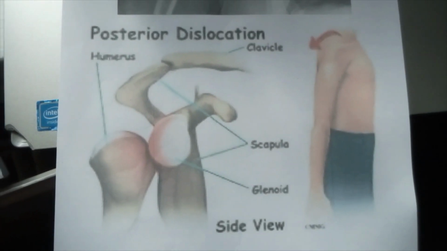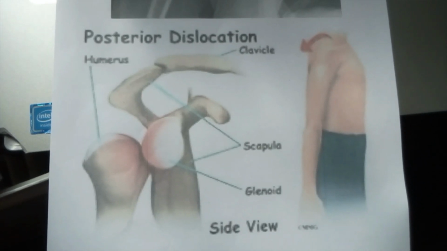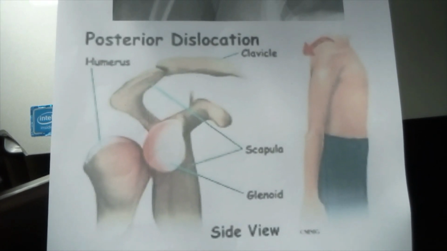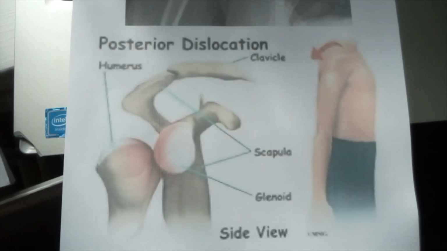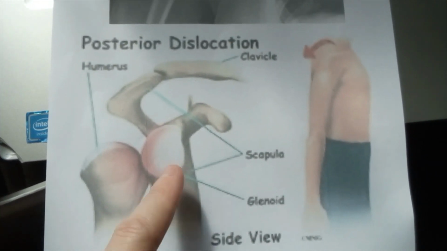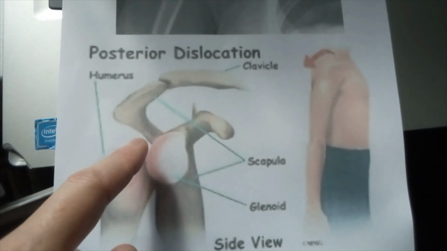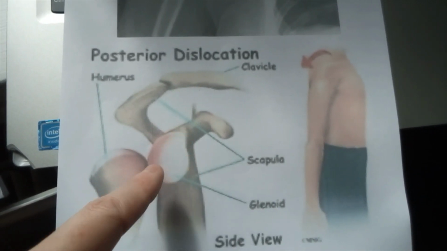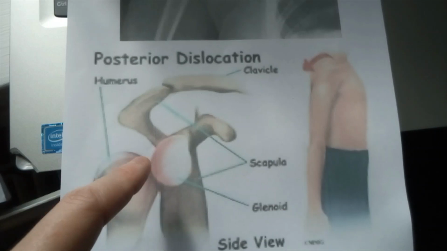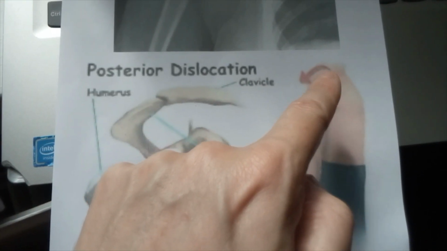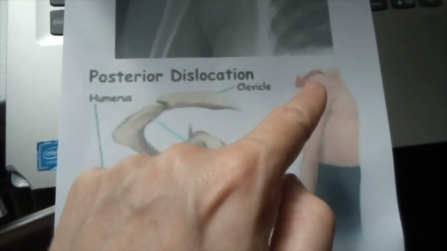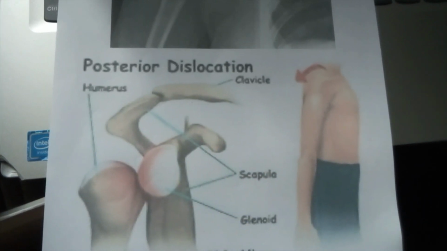And the next type of dislocation is posterior dislocation. And so this is where the bone of the upper arm, the humerus, again pulls out of that glenoid cavity, which provides the socket of the joint, but this time it pulls backwards, which, as you can see here, pulls the shoulder back.